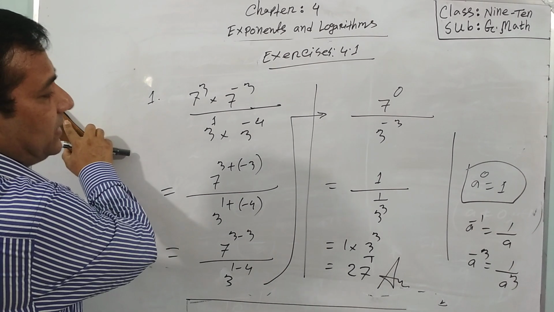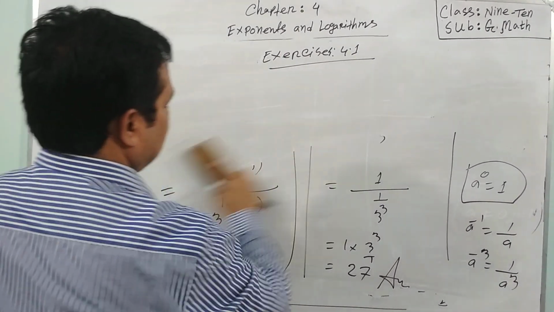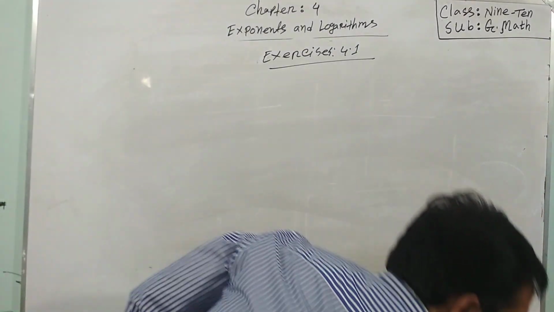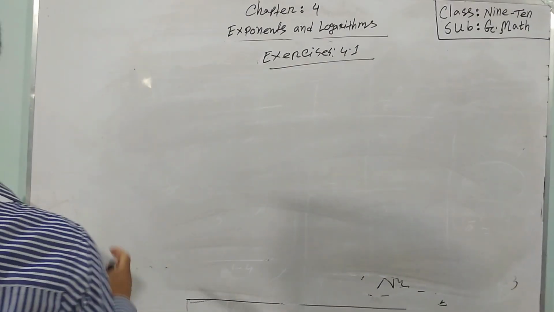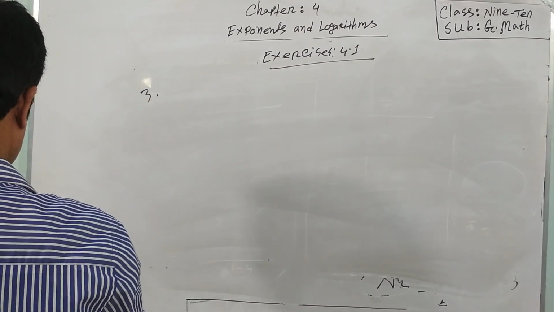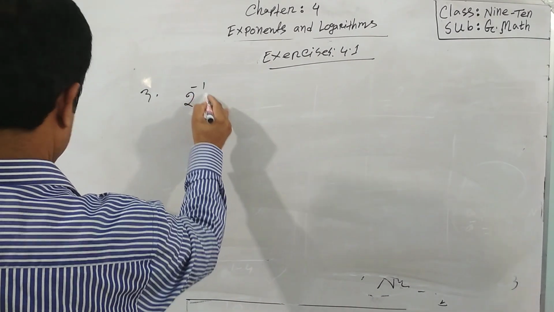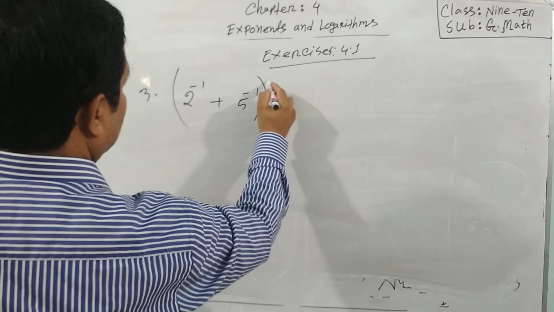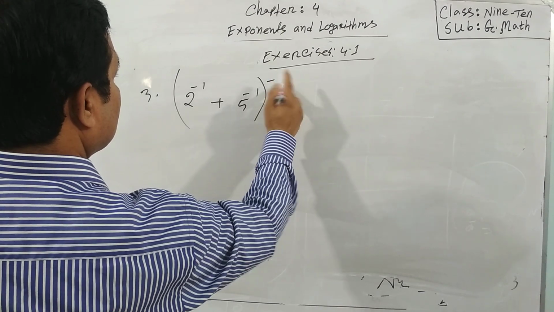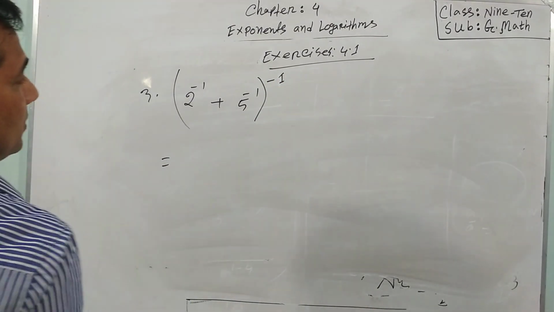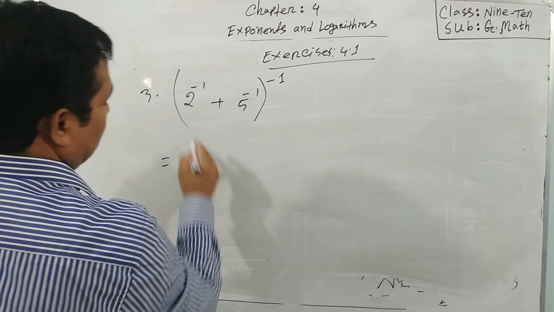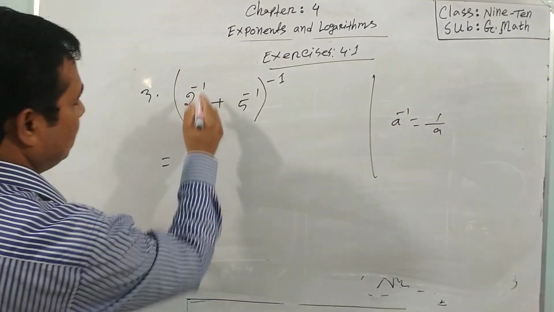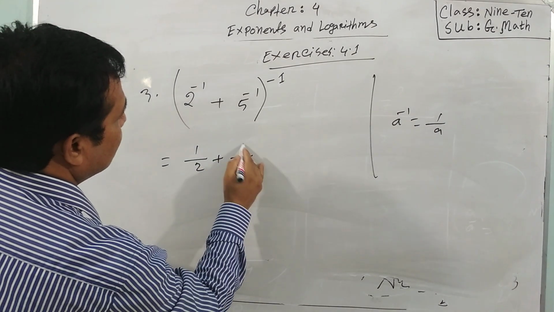Next, another math. Follow it. Okay. Next question: 2 inverse 1 plus 5 inverse 1, all to the power of inverse 1. Inverse formula: a inverse 1 means 1 by a. So 2 inverse 1 is 1 by 2, and 5 inverse 1 is 1 by 5.